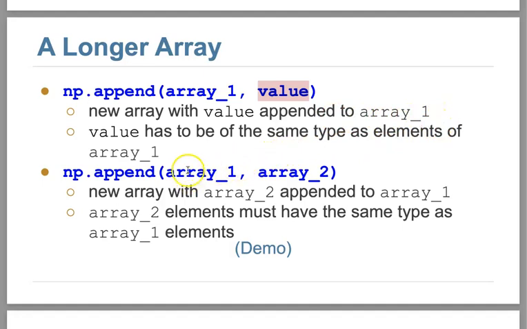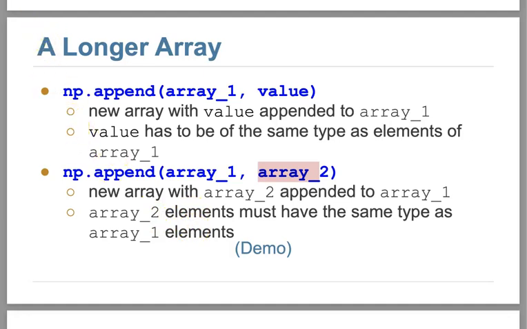Of course, the types need to be the same, so the value has to be the same type as the elements of array 1. Or you may want to append not only one value but a whole array to the end of the first array. So the new array has array 2 appended to array 1. Same thing: make sure both arrays have the same data type.